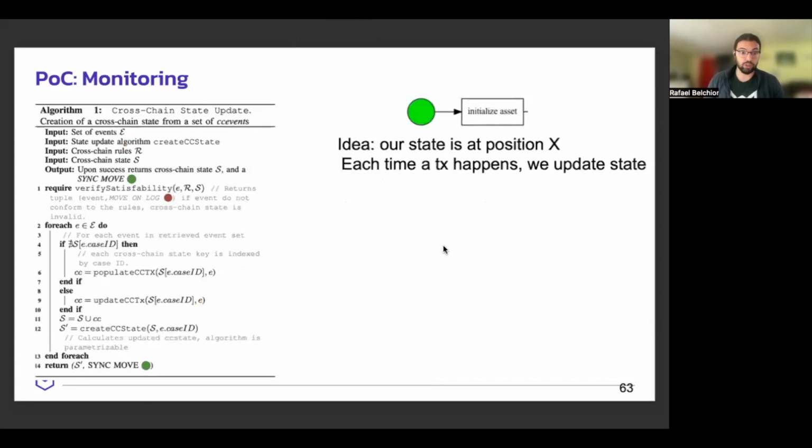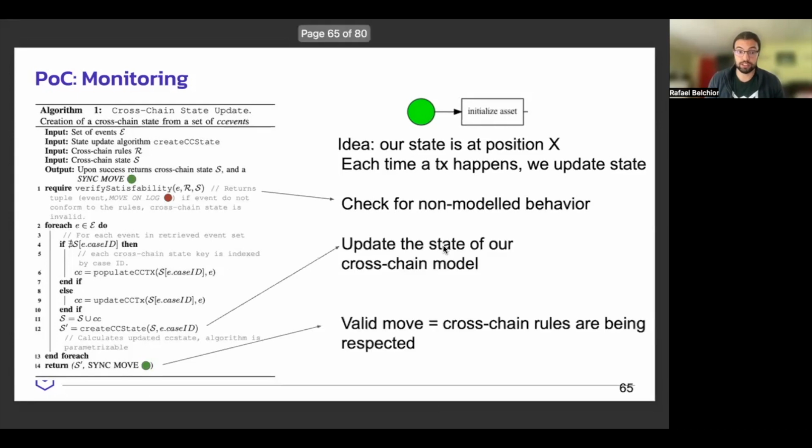So this is the algorithm that does the same, basically. Each time a transaction happens, we are updating the state. We verify that the new state conforms to the cross-chain model with this verify satisfiability function.